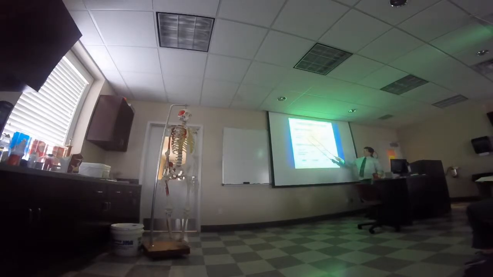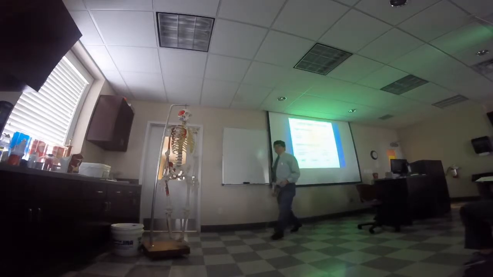If we know that a person has a hemoglobin concentration of 15 grams per deciliter, we can multiply that times 1.34 milliliters of oxygen per gram of hemoglobin to determine the maximum oxygen carrying capacity of that hemoglobin. If we have 15 grams, it's going to be 20.1 milliliters per deciliter of blood.